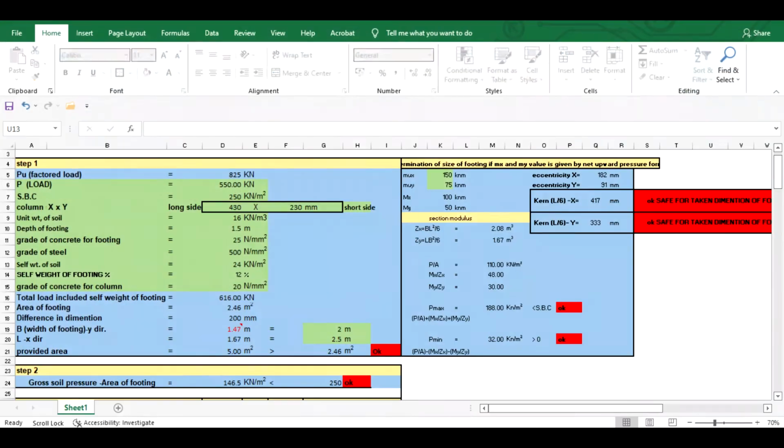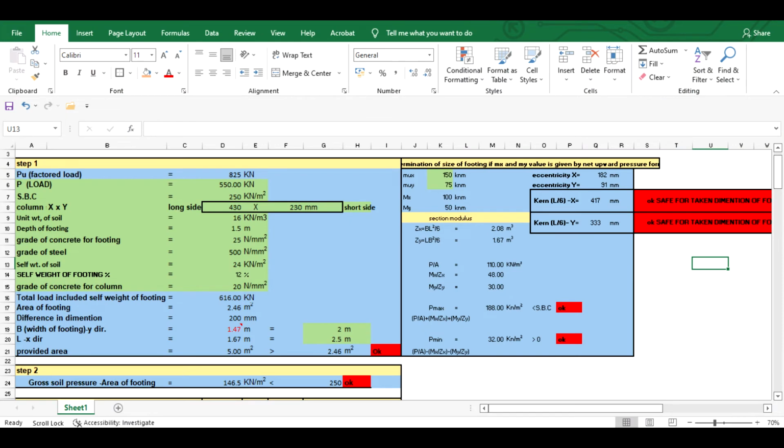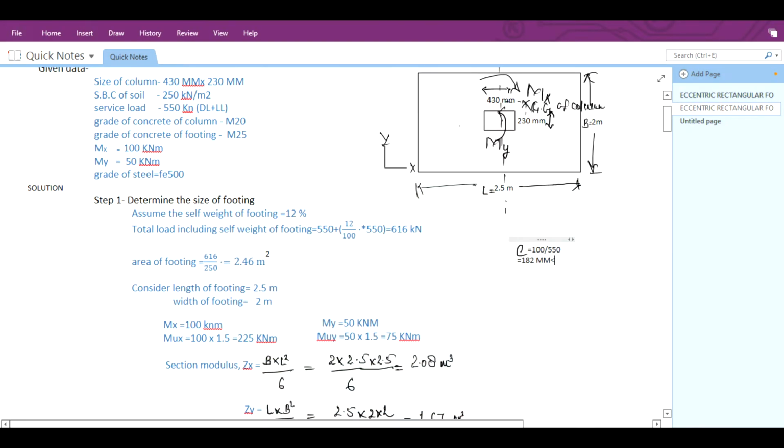So it will come as 182 mm, and it is less than L by 6, that is 417 mm. So this eccentricity is for x direction.